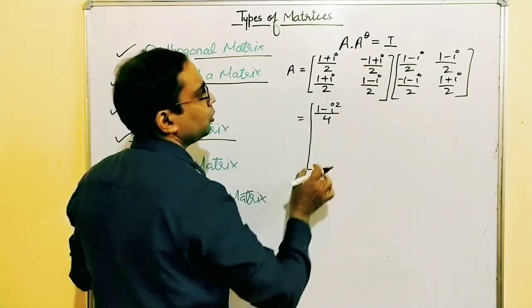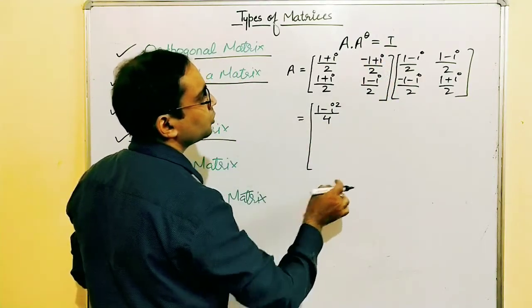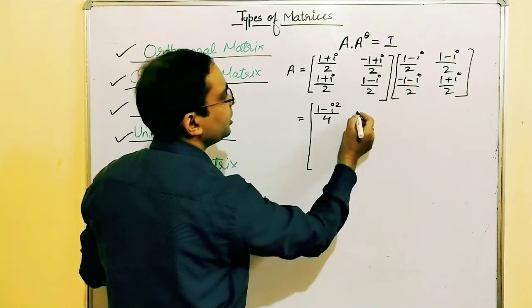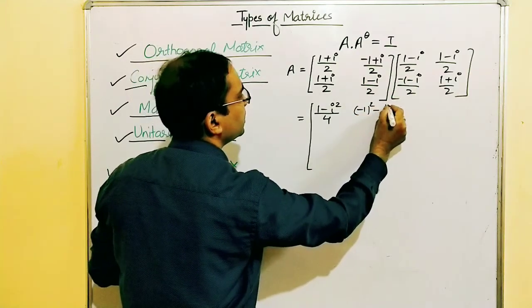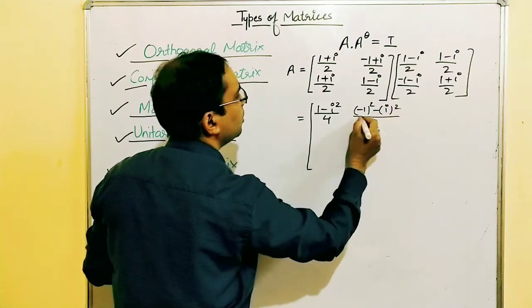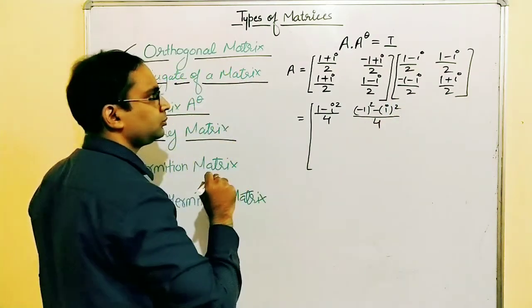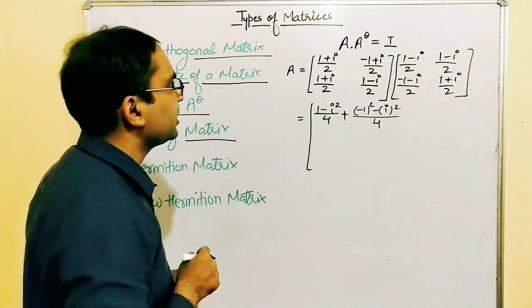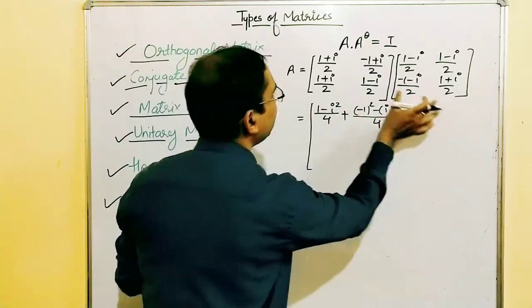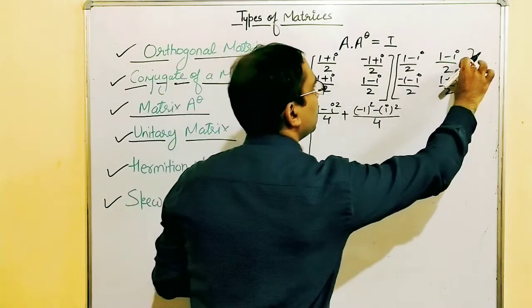Next is minus (1 plus i) upon 2. So this is again (a minus b), so this is minus (1 square minus i square) whole upon 4. So we have this as the first element. For the second element, we'll multiply this row with this column.